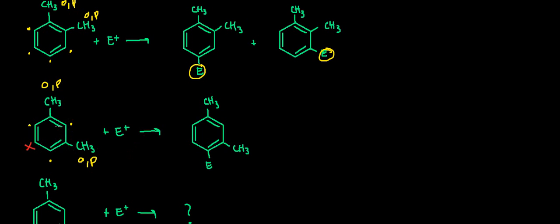But of these possible carbons, two are going to be slightly more reactive than one. These two spots will be a little bit more reactive than this one because this has two groups that are close to each other, and it's definitely going to be part of the product, but these are going to be slightly more predominant over this.